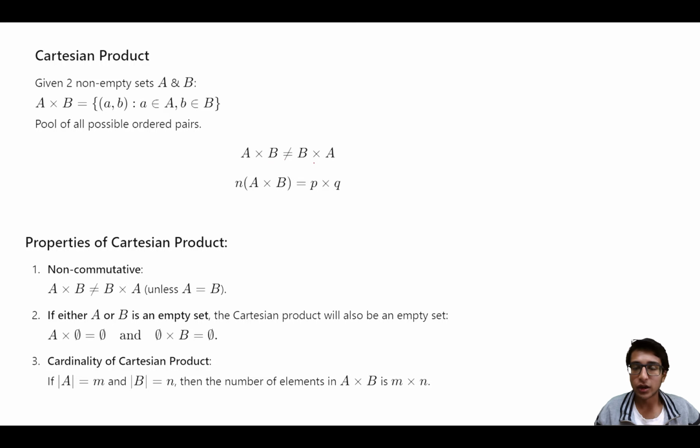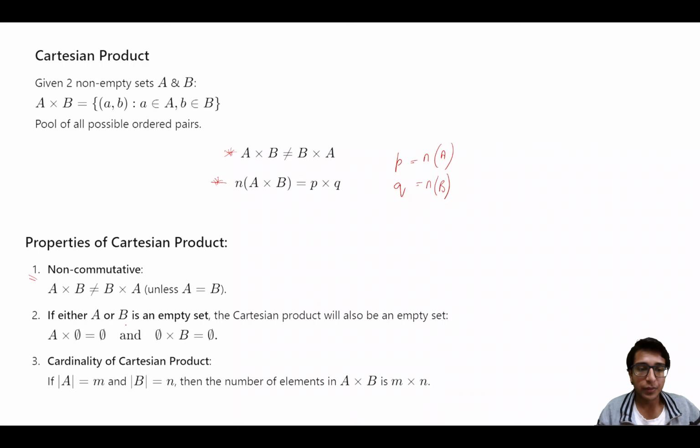A cross B is not equal to B cross A, an important point, and n(A cross B) is equal to p into q, where p is the number of elements in set A and q is the number of elements in set B. Properties: it is non-commutative, as we have seen, unless A equals B. If A equals B, then our ordered pairs would simply become similar, so we cannot say whether they are ordered or unordered. That is why our Cartesian product would also become similar.